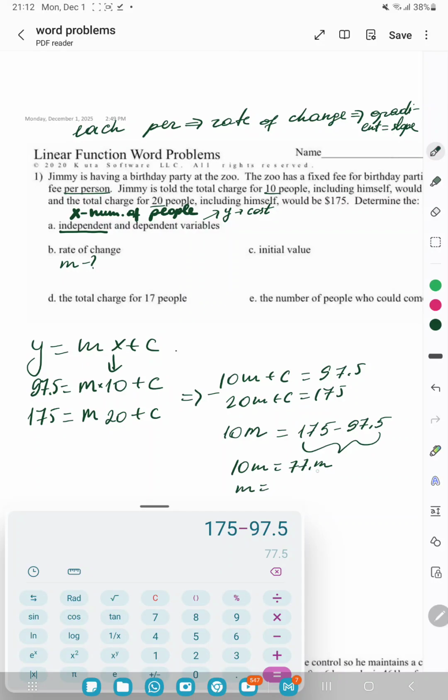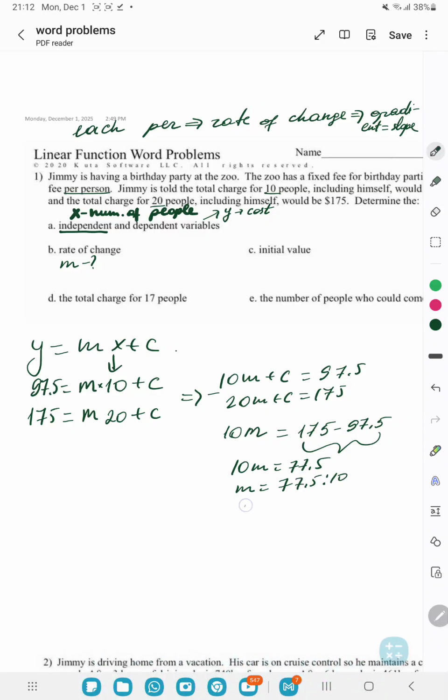And m will be 77.5 divided by 10, which is going to be 7.75. Okay, now we say that our function will look like y equals 7.75x plus c.